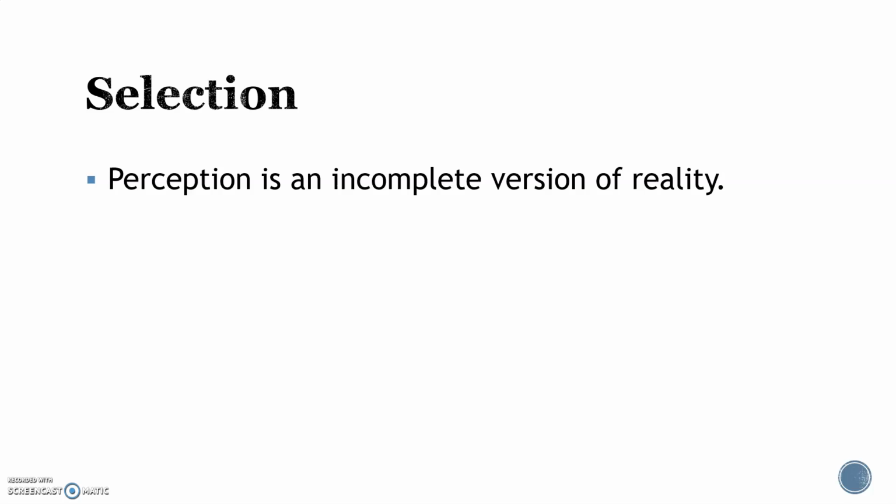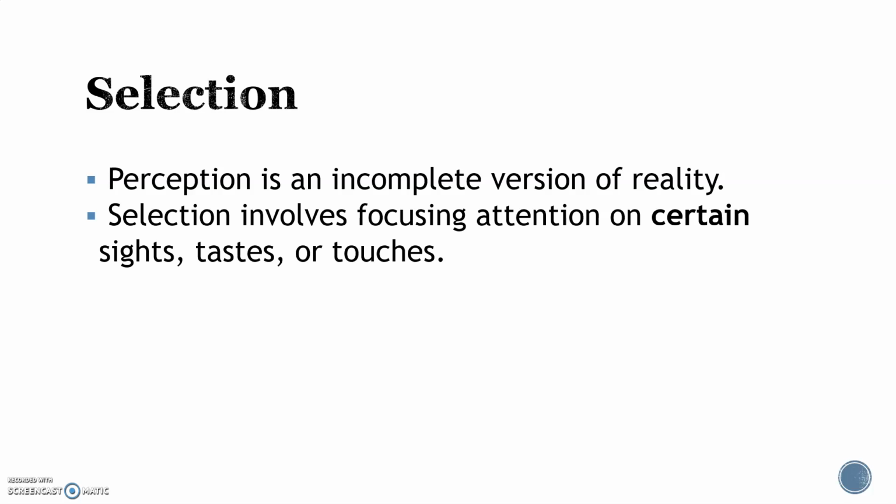Which means that it is inevitable that we are going to ignore some information in this world. In other words, selection makes perception an incomplete version of reality. By definition, selection involves focusing our attention on certain sights, tastes, or touches.